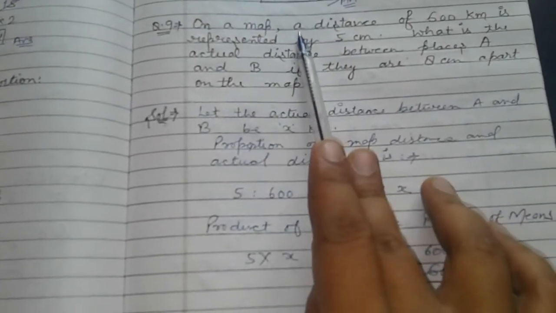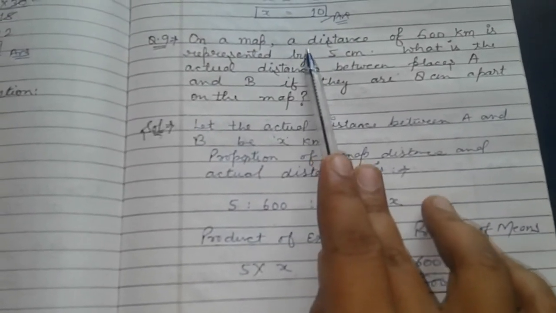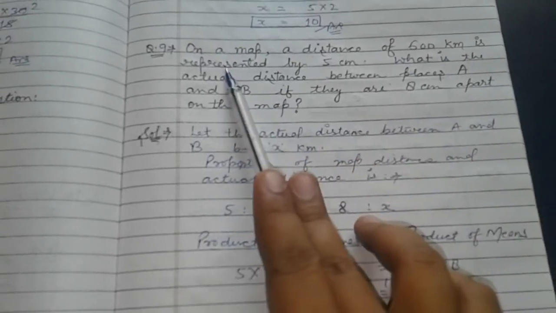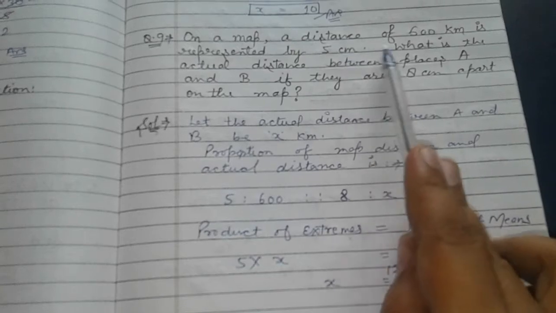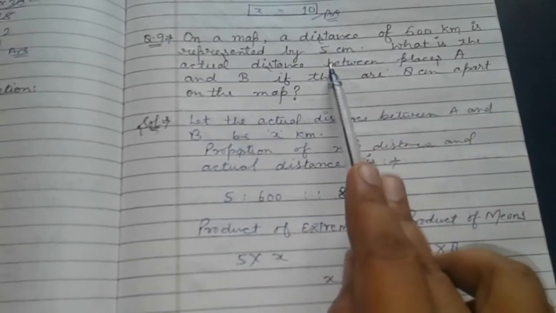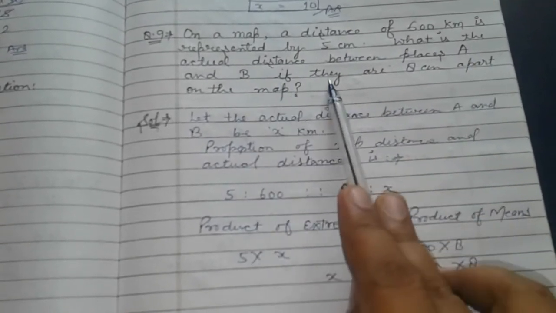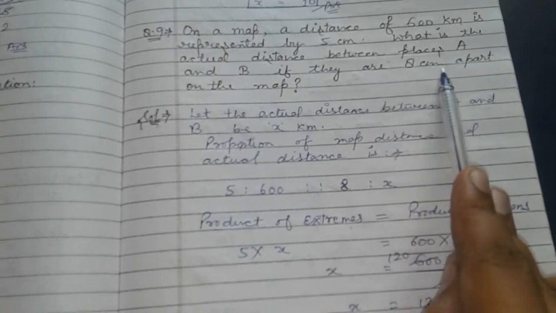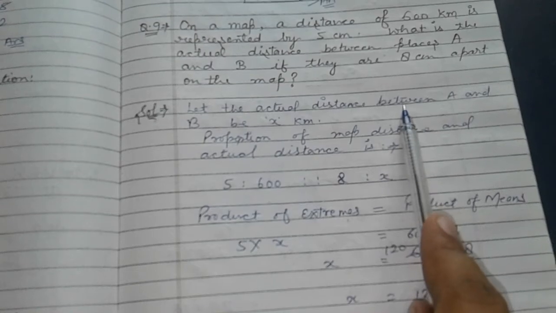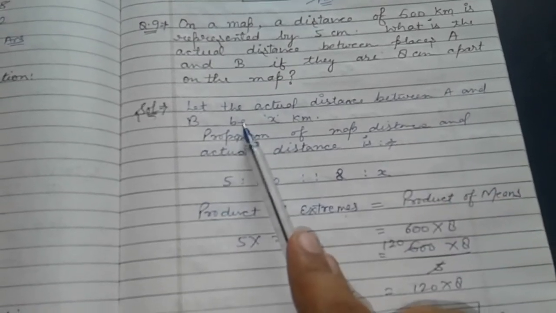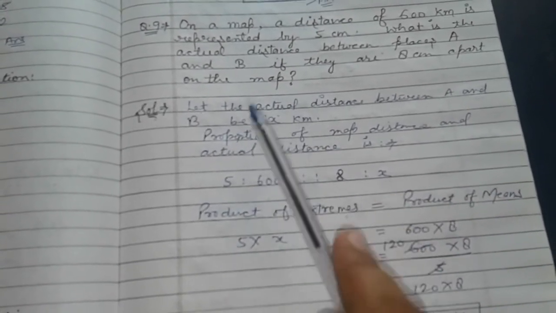On a map, a distance of 600 km is represented by 5 cm. What is the actual distance between the places A and B if they are 8 cm apart on the map? Let the actual distance between A and B be x kilometer.